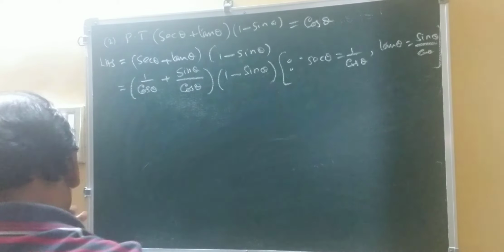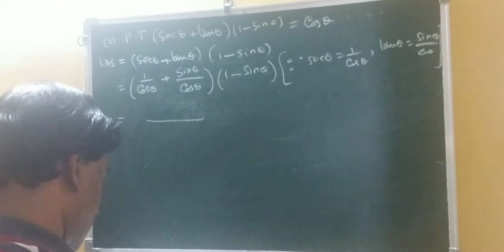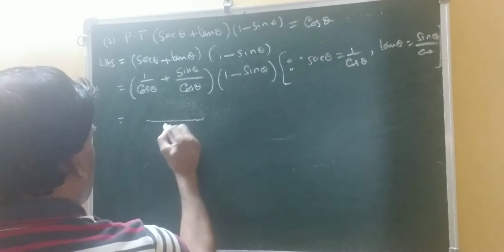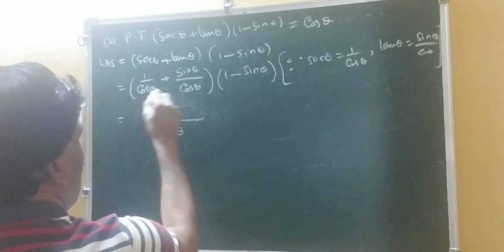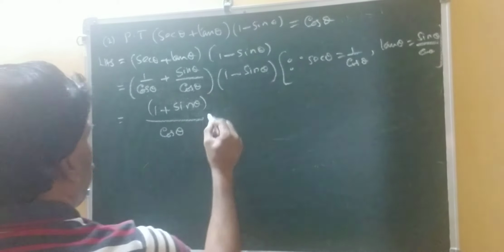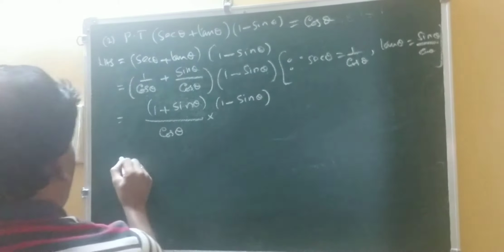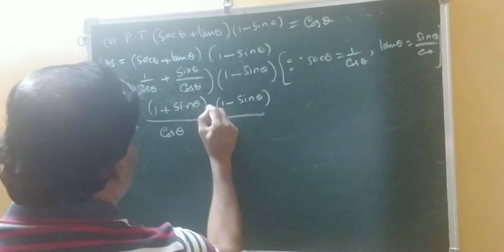Okay. Now look at this. What we will get here? What is the LCM here? Cos theta. See, LCM is same. So (1 plus sin theta) into (1 minus sin theta) upon cos theta. Now look at this.